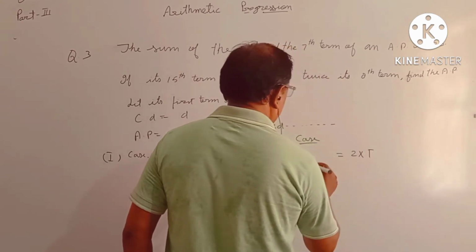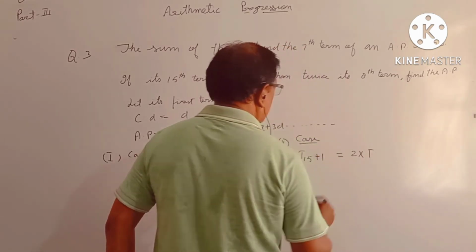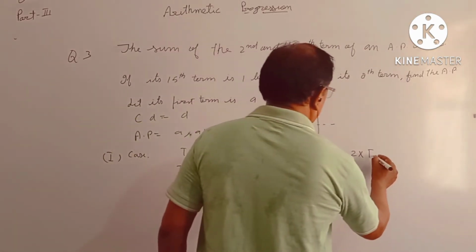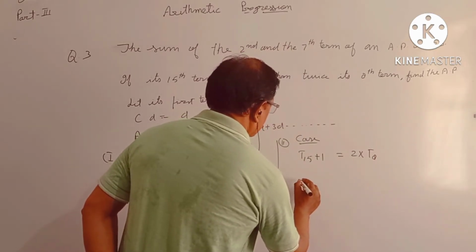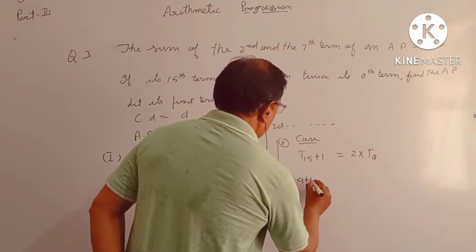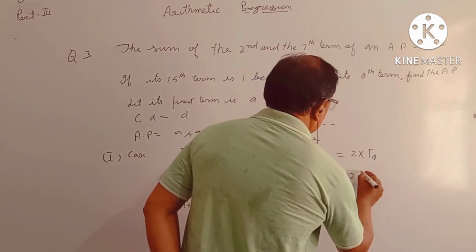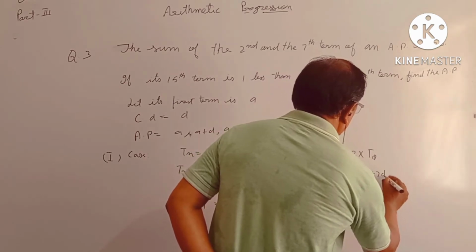As it is 1 less, we will add 1 here to make it equal. Now we write T15 as A plus 14D, plus 1, and 2 into T8, which is A plus 7D.